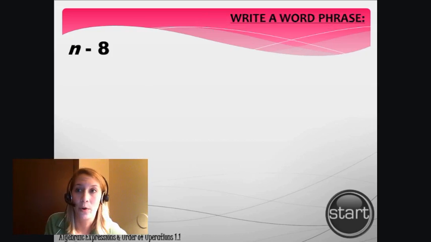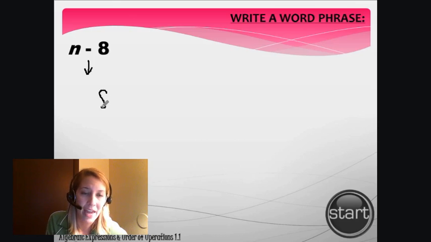Next, we're going to write a word phrase for an expression. Our expression is n minus 9. There are a couple of ways that we can write this, but obviously we're working with subtraction. My favorite way to write a word phrase dealing with subtraction is "subtracted from."